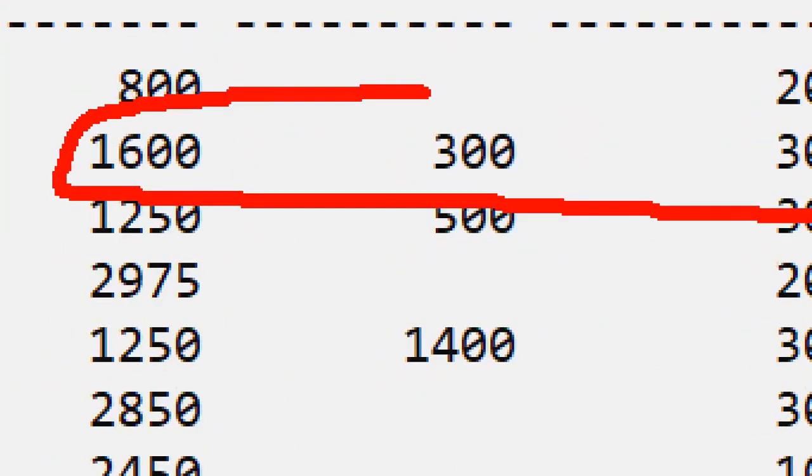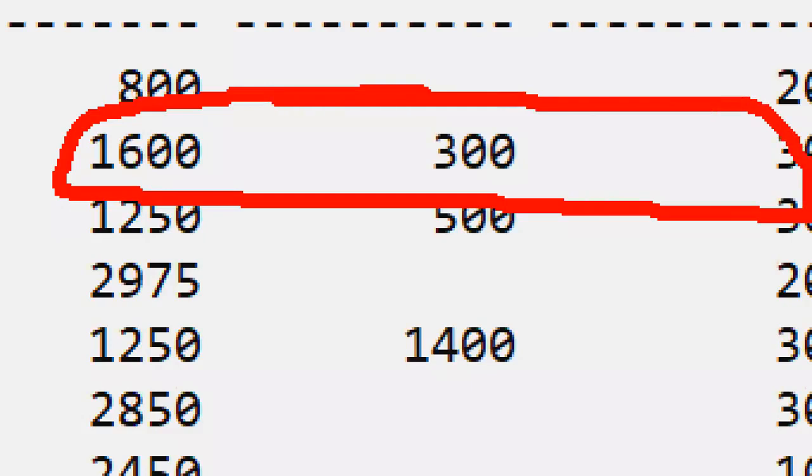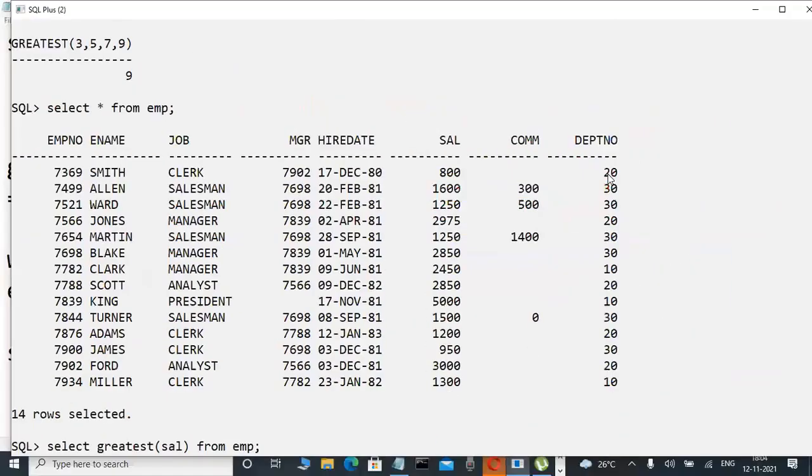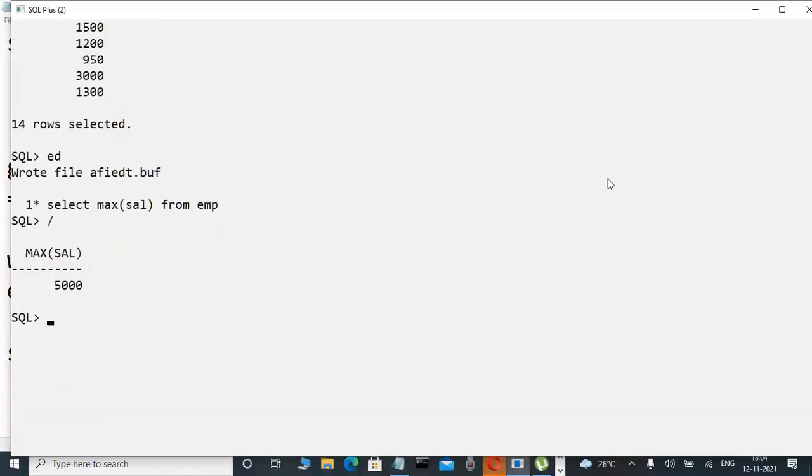In 1600, 300 and 30, which one is the greatest value? 1600. In 1250, 1400 and 30, which one is the greatest? 1400. So when there is a list of values horizontally, row-wise, and you want to find the greatest value in that row, then we go for greatest. In that case, max does not work. Observe here, that is correct.